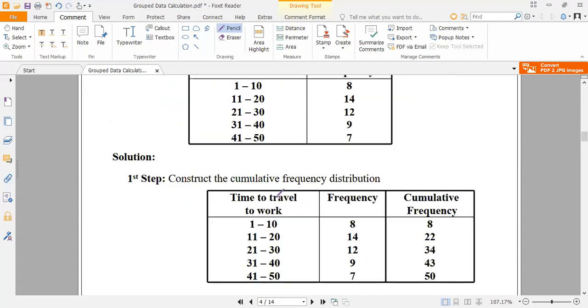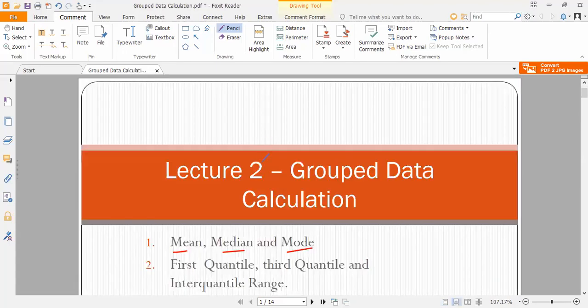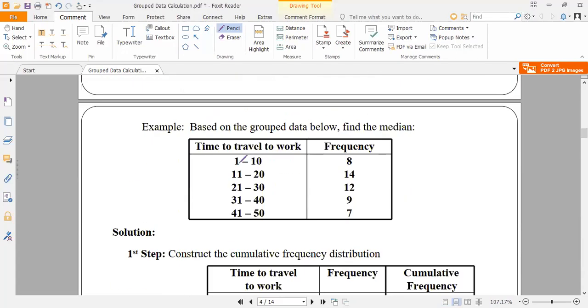So let's go back to the same table here, we have 1 to 10, 11 to 20, 21 to 30, 31 to 40, 41 to 50, and we're given the frequency. So firstly, we need to find the cumulative frequency column.